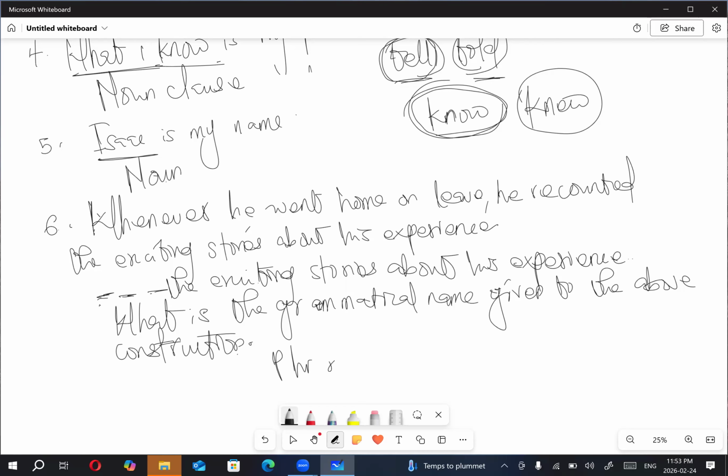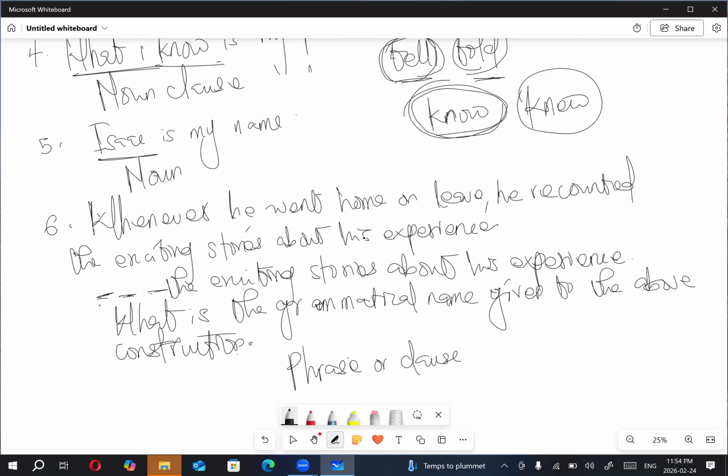So it's a phrase or a clause. And we have to choose one. So we choose by checking the underlying words for a finite verb.